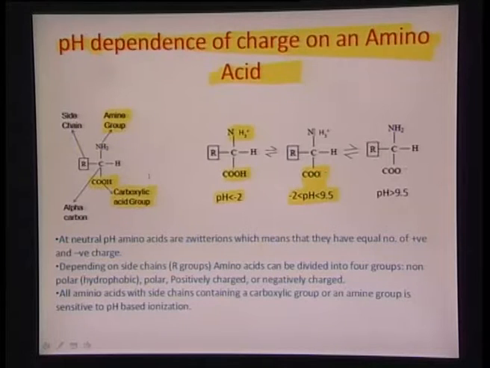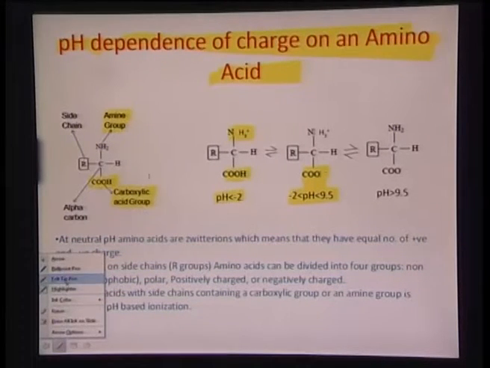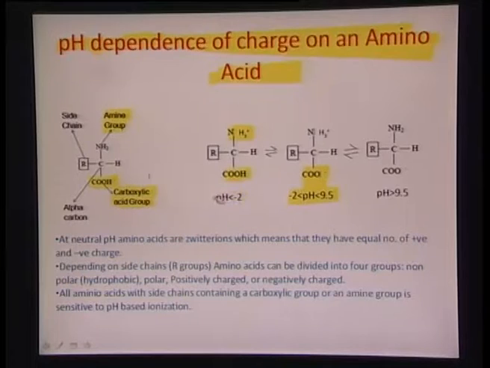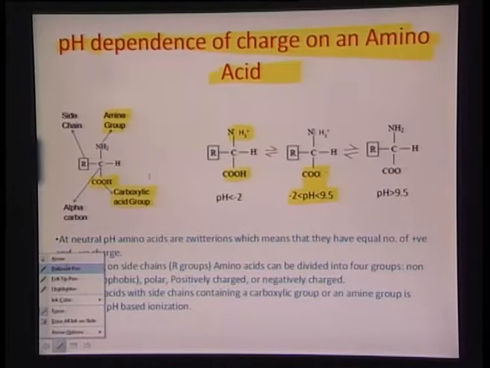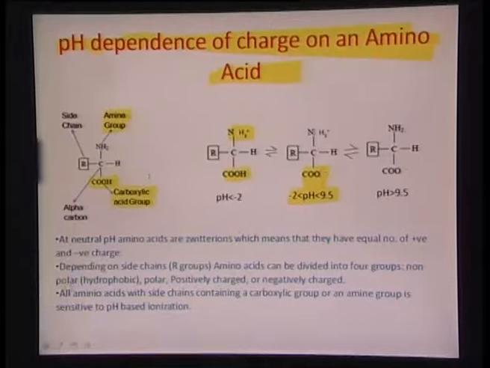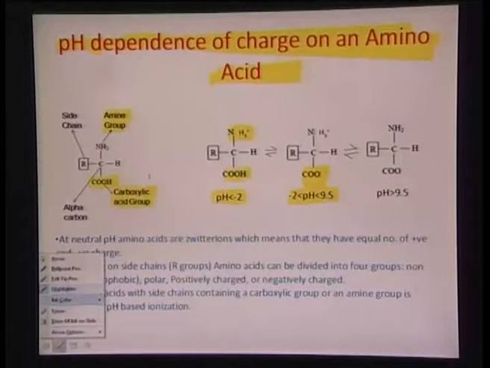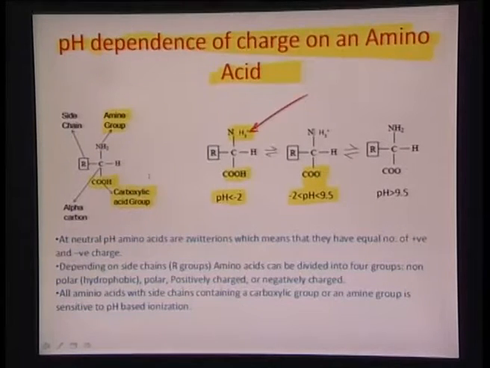Suppose the pH is very acidic, less than, let us say, 2. Because of the excess hydrogen ions available in the solution, there is a tendency of this amine group NH2 to protonate to NH3 plus.